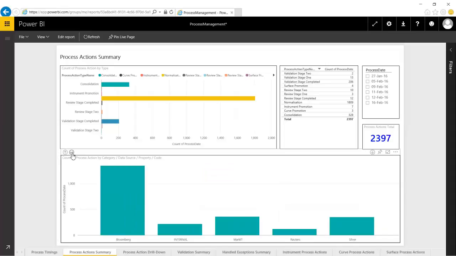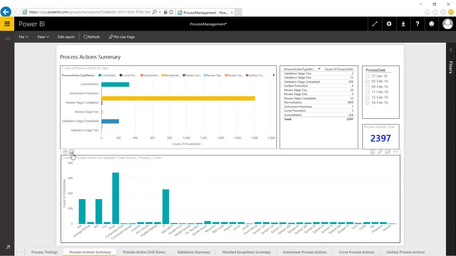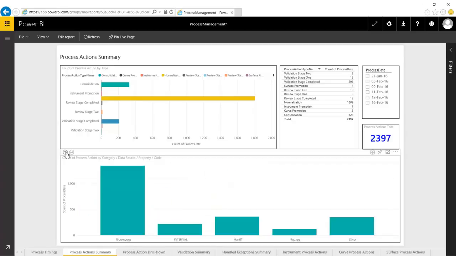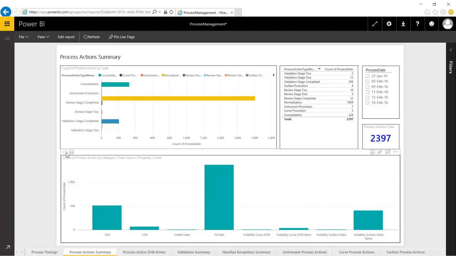We can look at the data vendor underneath, and also the property or data attribute that was actually involved, and then finally the actual instrument involved. So we have the full drill down capability to analyse all the aspects of all the different processes in terms of how long they took and how many data points were actually involved.